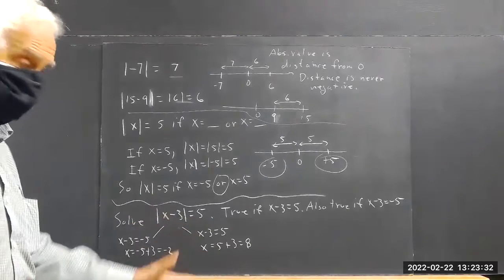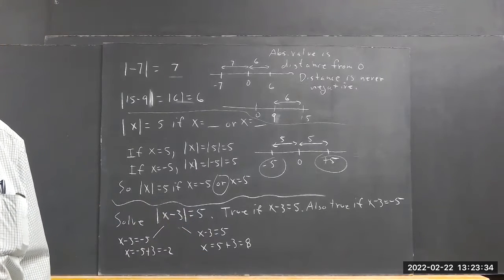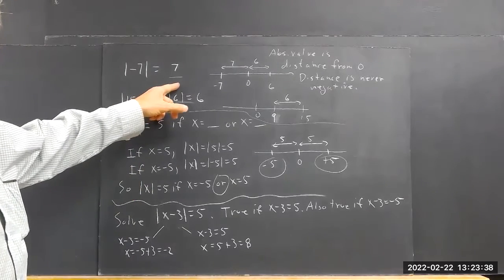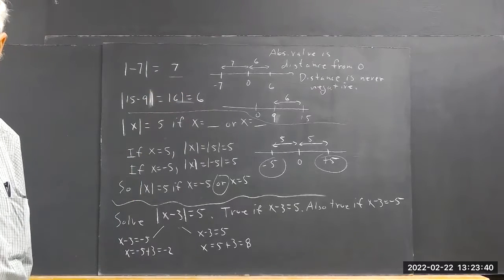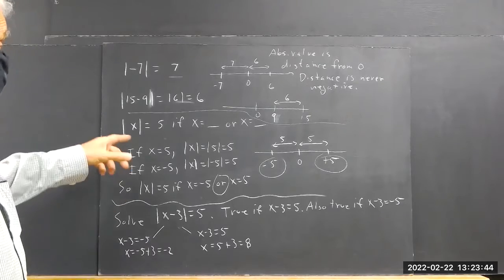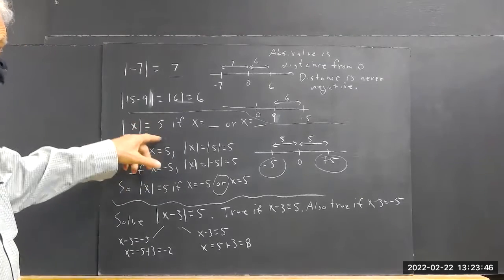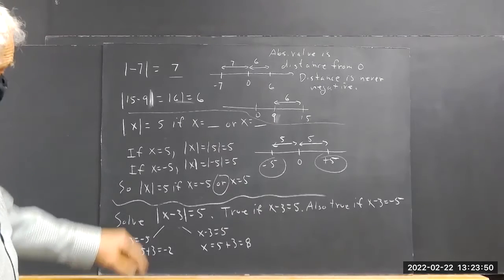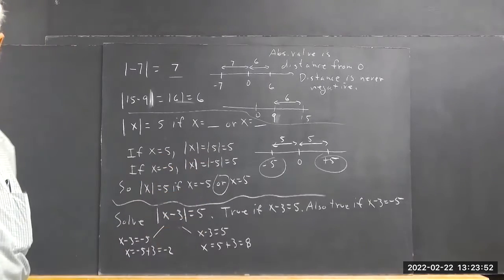And try to understand this at the most fundamental level, which is simply that there are two numbers that make an absolute value equal to any positive number, right? Illustrated by this: absolute value of x is 5, x is -5 or x is 5. So the absolute value of x minus 3 equals 5, etc.